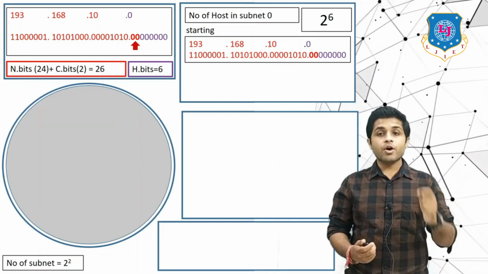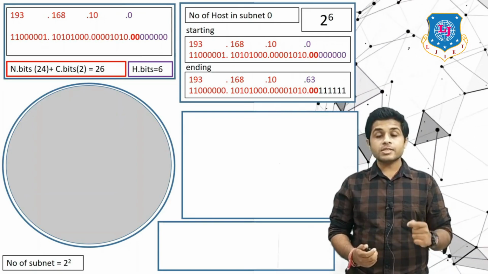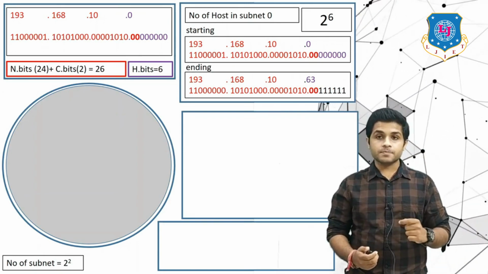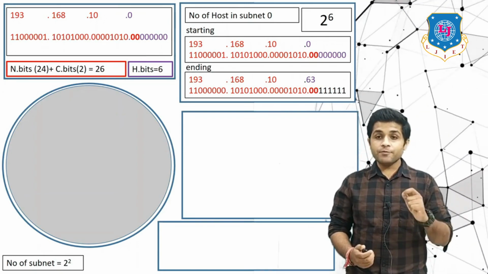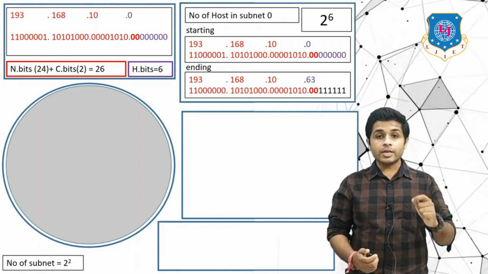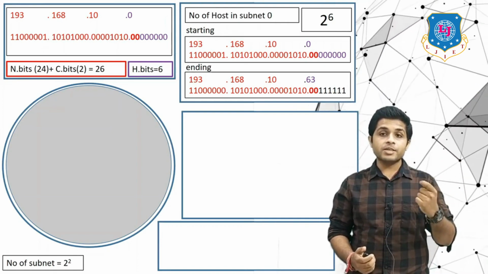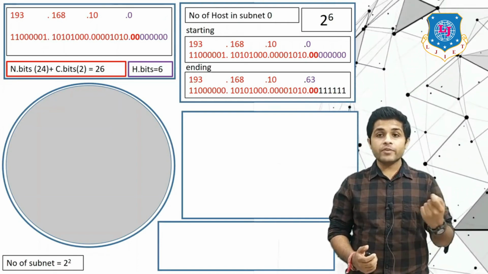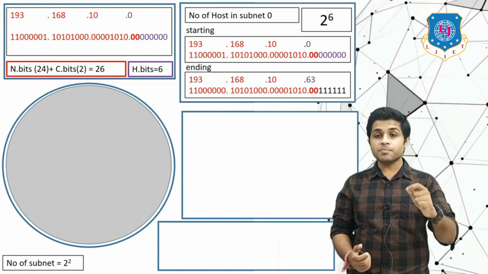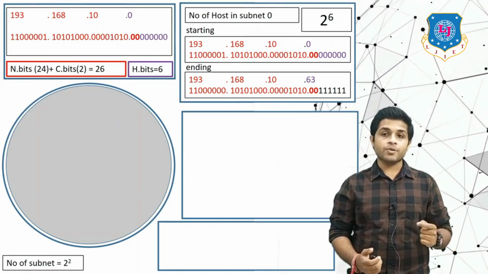So we'll set all the host bits to 1 and you will get 193.168.10.63. If you have already noticed, the value of the converted bits remains the same throughout subnet 0. The value of the converted bits is 00 in subnet 0 and that value is not changed throughout subnet 0.